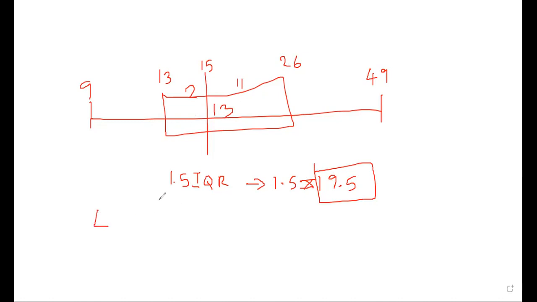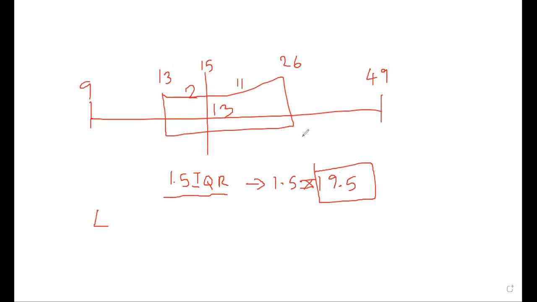I repeat, 1.5 times IQR gives you the correction term, 19.5. Then we subtract the correction term from the lower quartile, 13, and we add the correction term to the upper quartile. The figures that lie outside this range are called outliers.